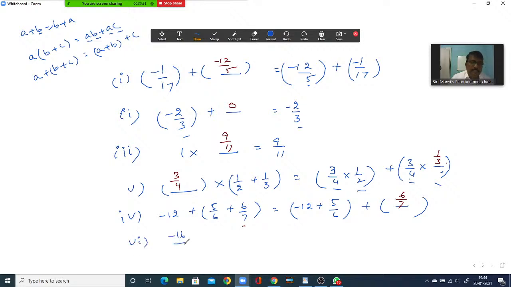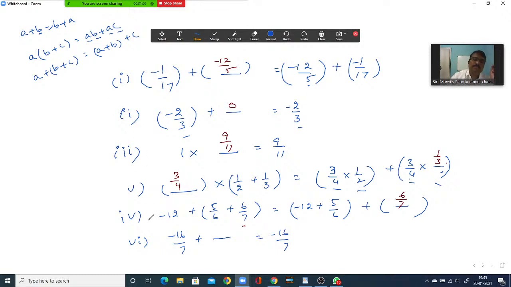Minus 16 by 7 plus dash is equal to minus 16 by 7. So when we add a number, when will we get the same number? Which number, when added, gives the same number again?